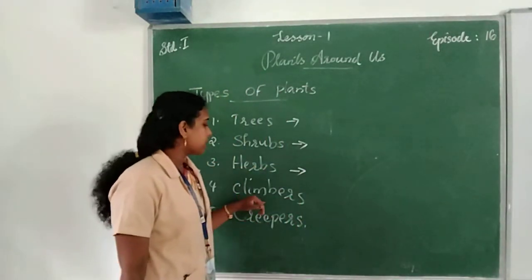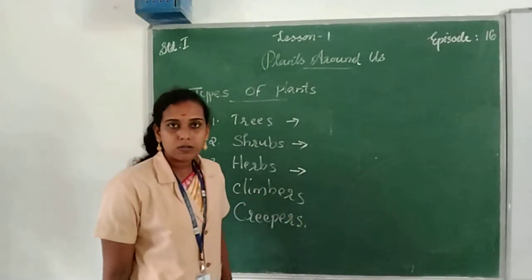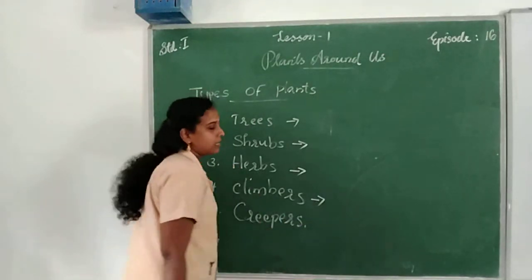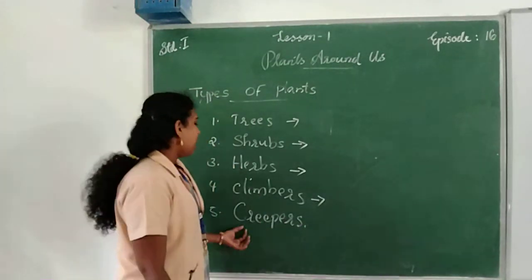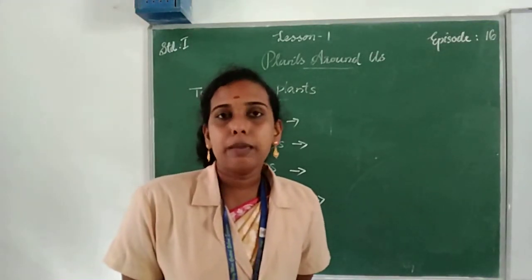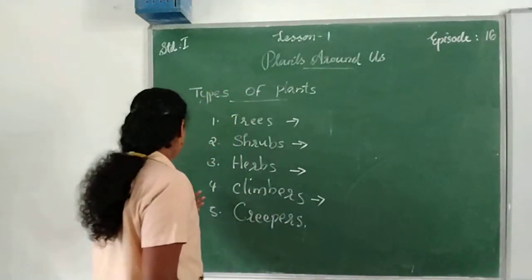Climbers are plants which cannot stand straight and need support to stand straight. And then creepers. So these are the 5 types of plants.